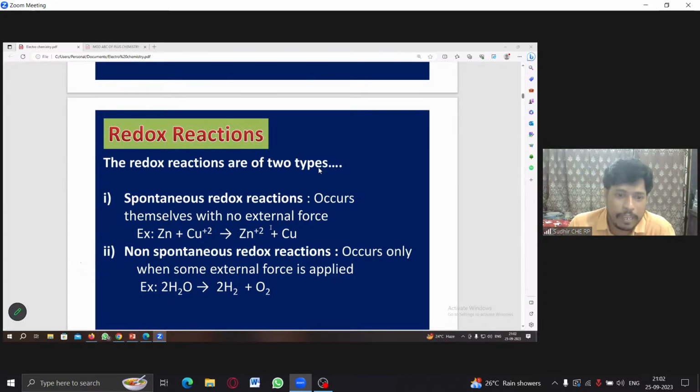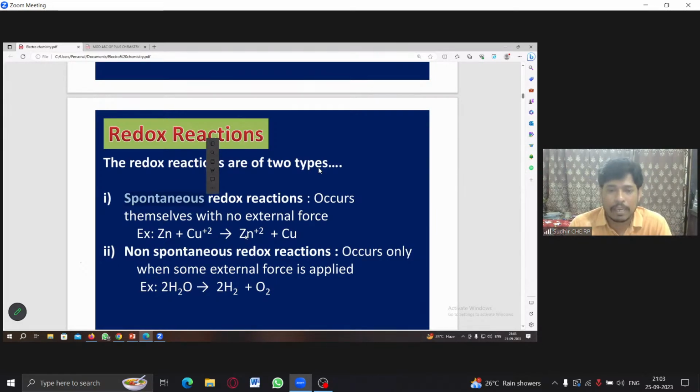That is enough. Here, spontaneous redox reactions means they occur by themselves in nature. The moment we mix the chemicals in the reaction mixture, the reaction automatically takes place. Those types of reactions are generally called spontaneous redox reactions. As per the language also, spontaneity means we speak very randomly.